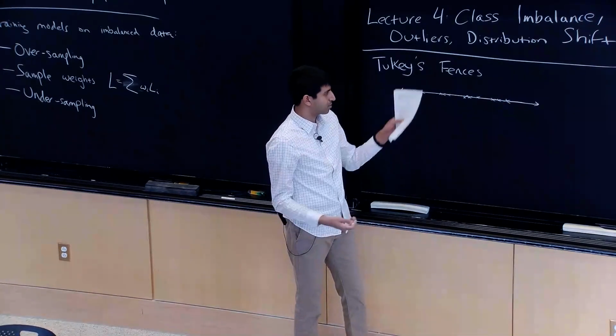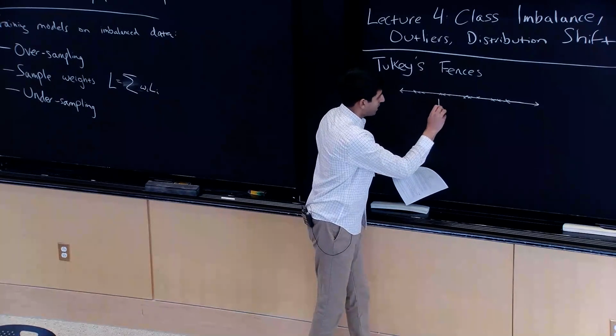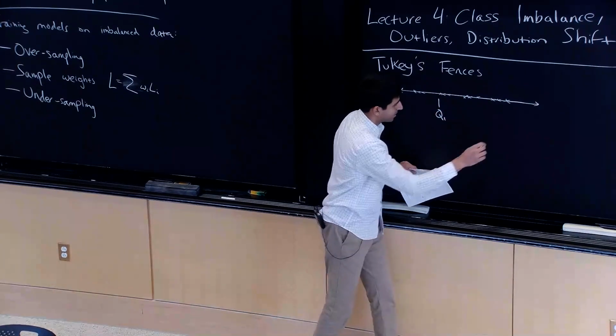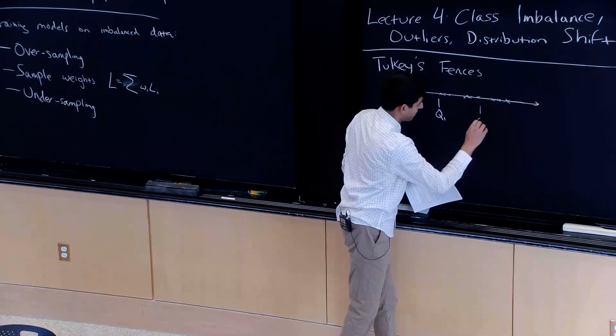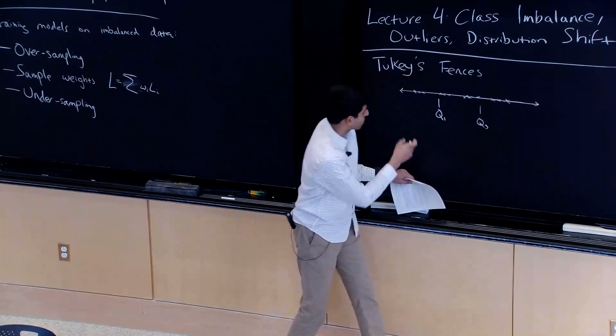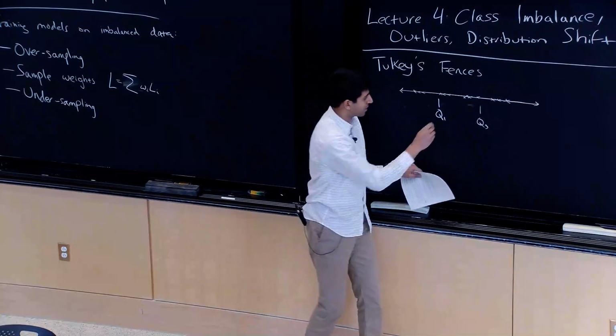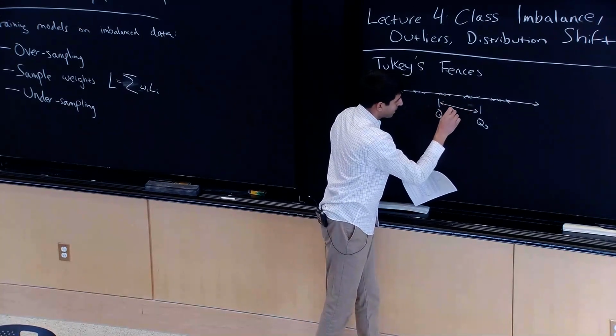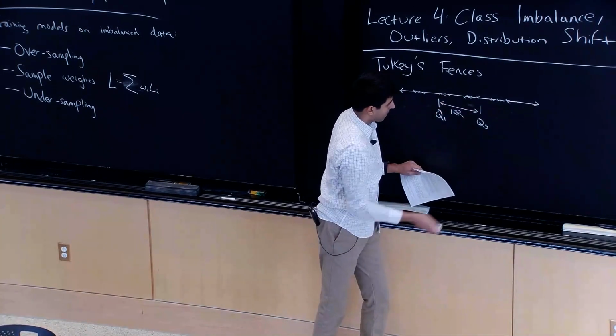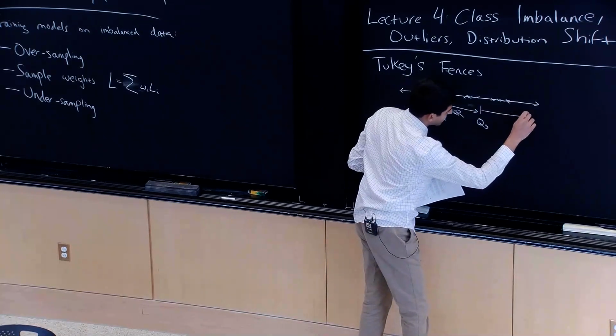One method you can use, what this method says, is find the first quartile and the third quartile. So 25% of the data is here, 50% of the data is here, 25% of the data is here. Define this as the interquartile range, and then look at these as thresholds.